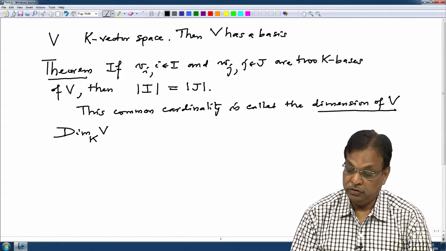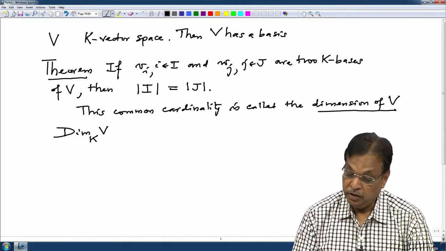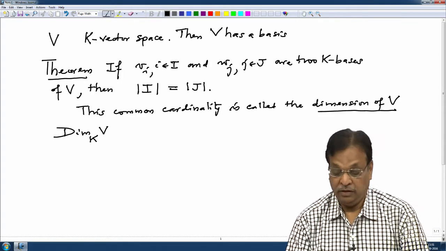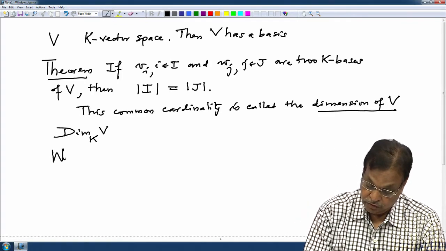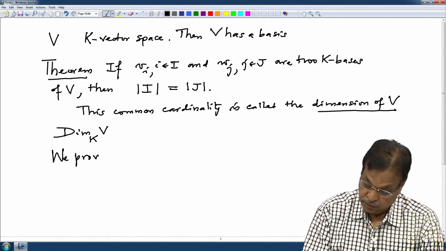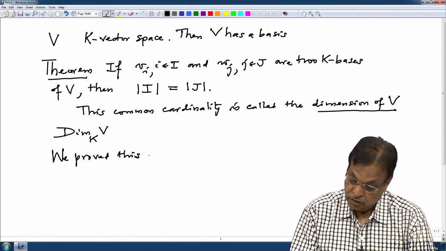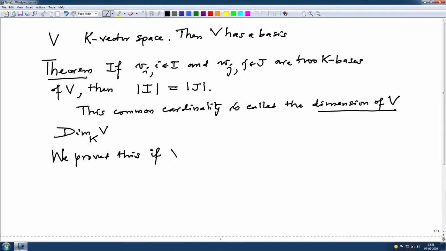We have proved this theorem in case when I is finite. We have proved this if V has a finite generating system.